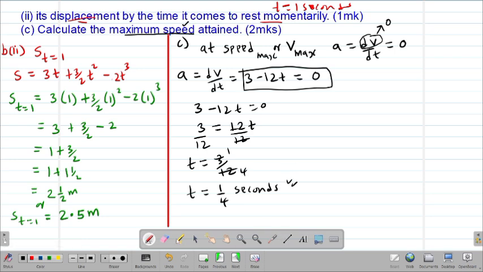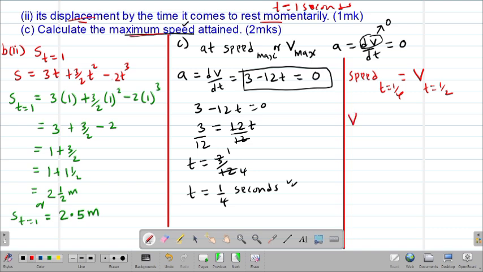Because we already have the formula for the velocity, or simply the speed, remember we said that velocity and speed are the same thing. The only difference is that velocity is a vector quantity, whereas speed is a scalar quantity. Therefore, we'll simply get the velocity when t is a quarter seconds. That is what we are calling the maximum speed.